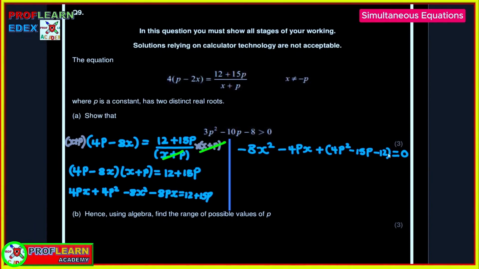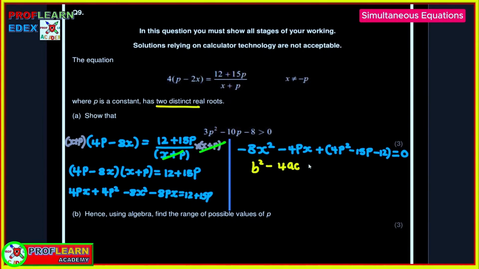And I want you to look at this keenly. Don't get confused. Our quadratic equation has the variable x, but p is a constant. So we're going to have the value of a being -8, the value of b being -4p, and the value of c being the entire expression in that bracket.